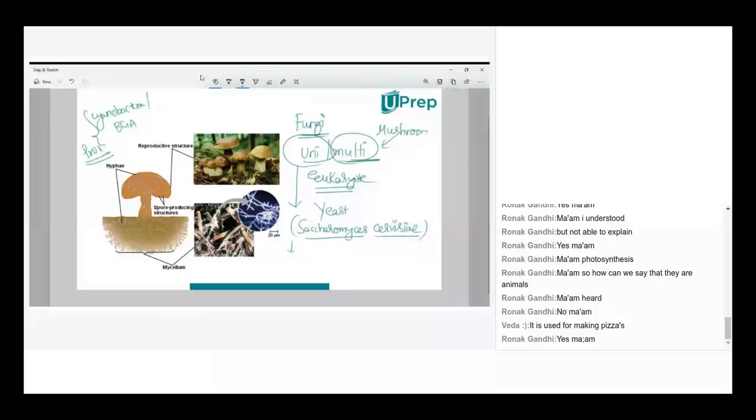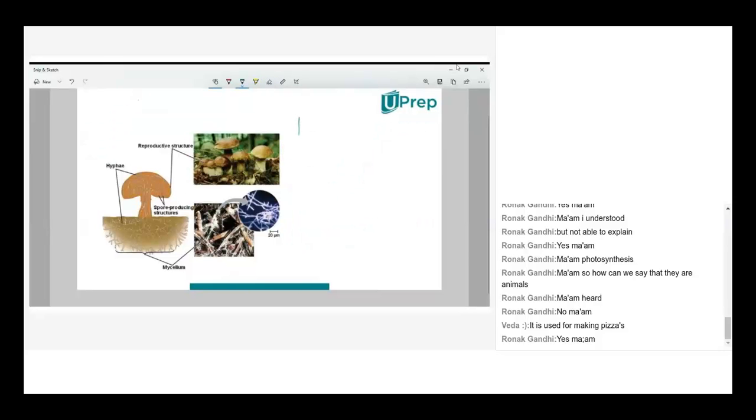So this is the structural aspect related to fungi. Now, fungi are not plant and animal, so their nutrition is different. When you take the nutritional aspect of fungi, fungal nutrition is generally heterotrophy. Heterotrophy means they depend on other sources for their nutrition. Most of the fungi are saprophytes.